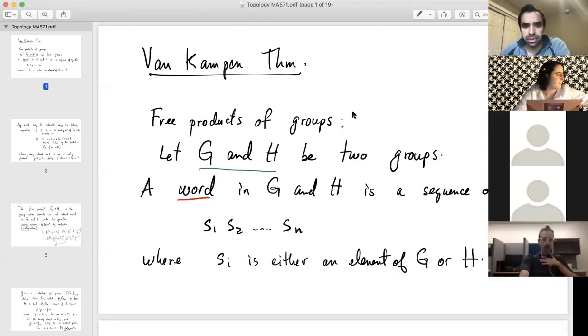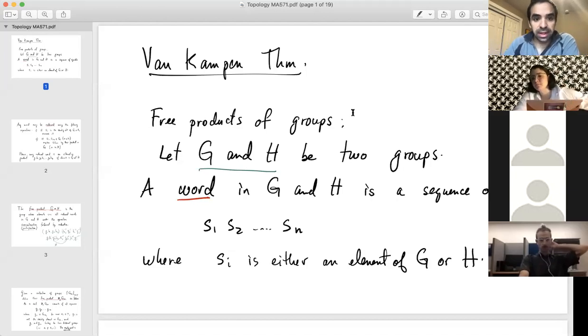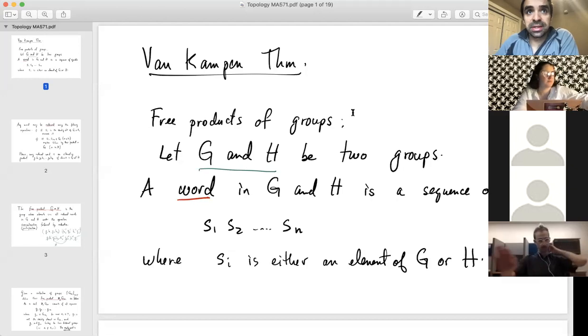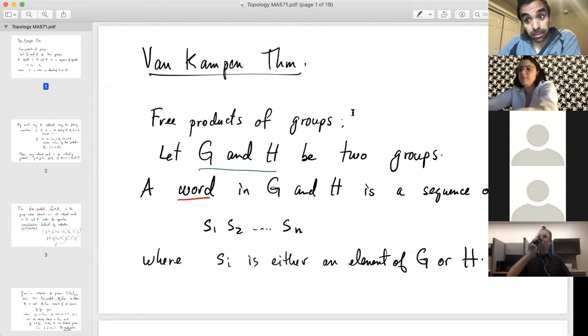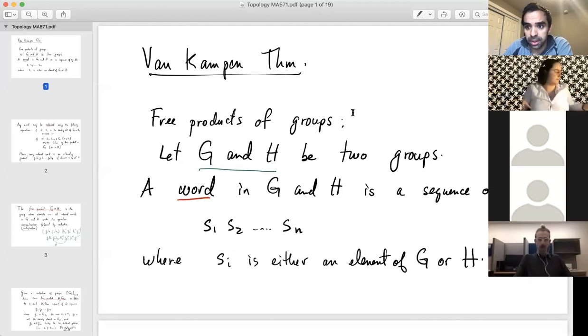Okay, so we want to first state van Kampen's theorem, which relates the fundamental group of a covering of a space to the fundamental group of the space. It will be a useful tool in computing fundamental groups.